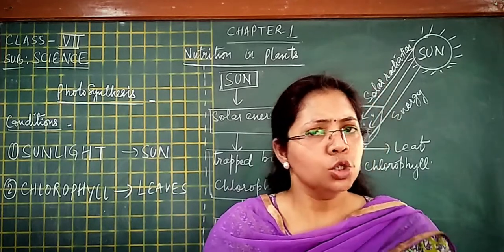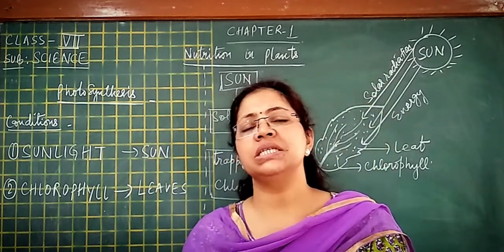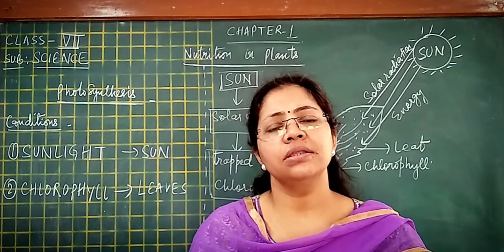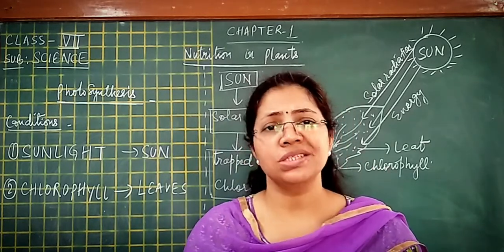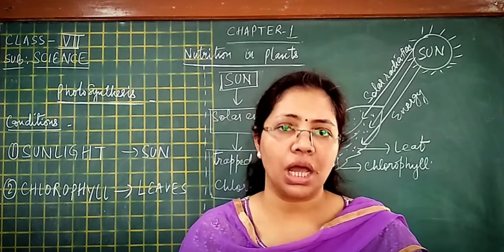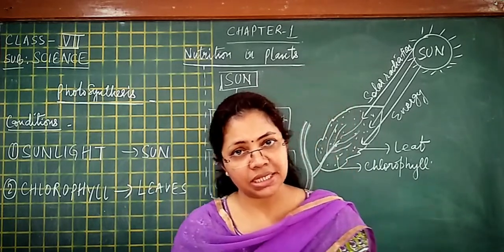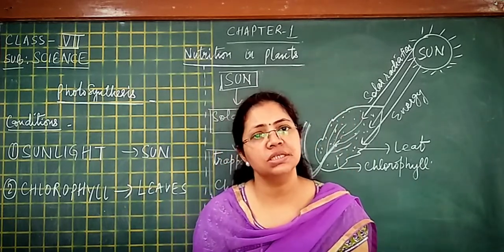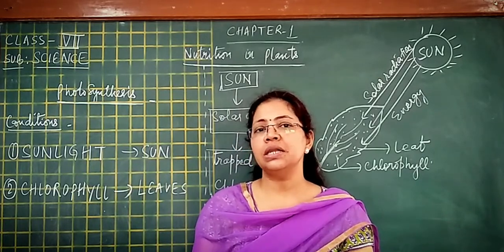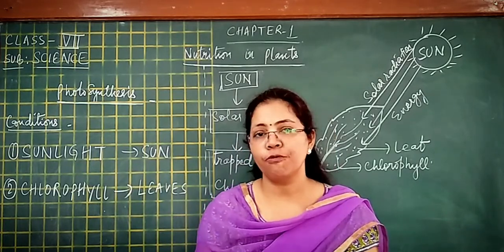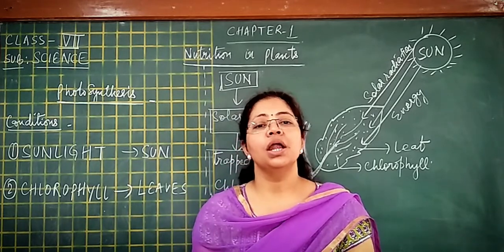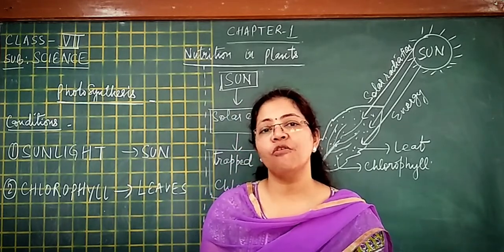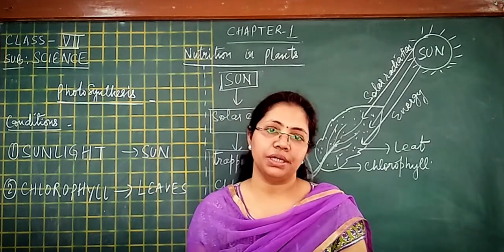Right, students? So sometimes from this topic we get in exam the question: the leaves which are not green, do they perform photosynthesis? Justify your answer. So the answer is yes, they do perform photosynthesis because they contain a smaller quantity of chlorophyll which remains hidden under the large quantity of other colored pigments.